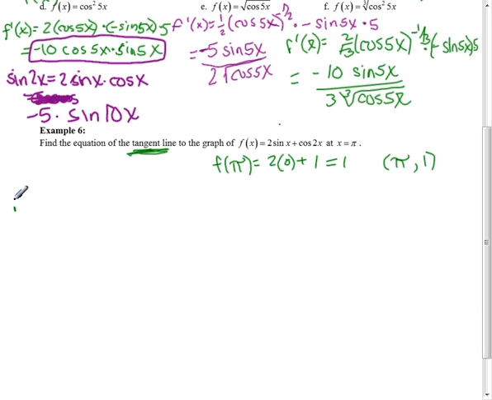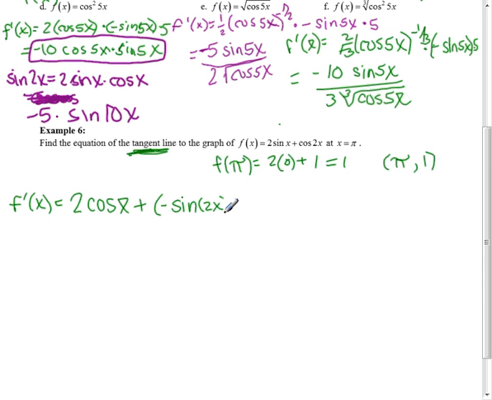Alright, and in order to do that, we have to take the derivative. The derivative of 2 times sine of x would be simply 2 times cosine of x. And then cosine of 2x, the derivative of that is going to be negative sine of 2x. Using the chain rule, we have to continue.